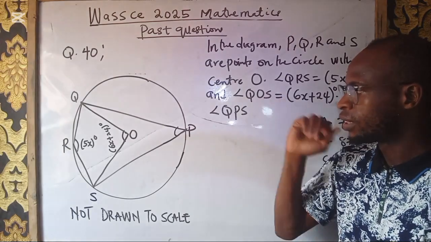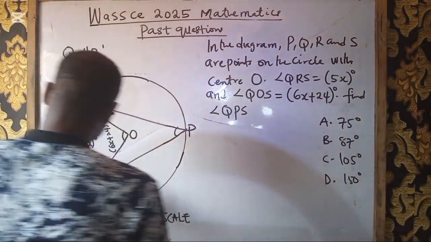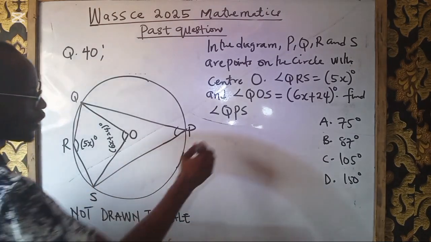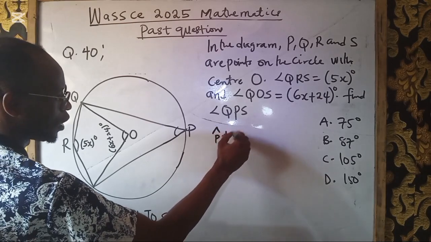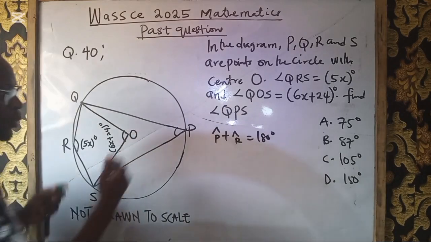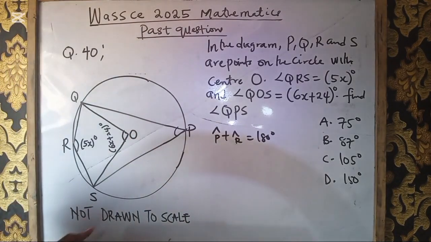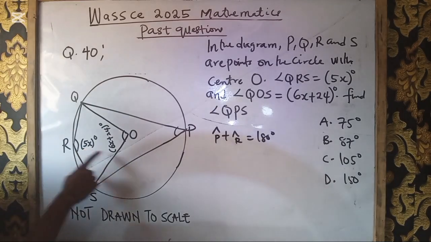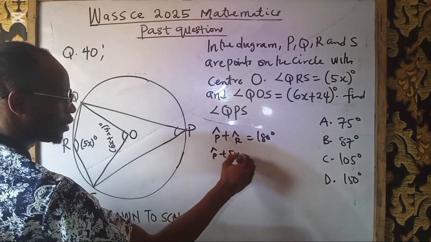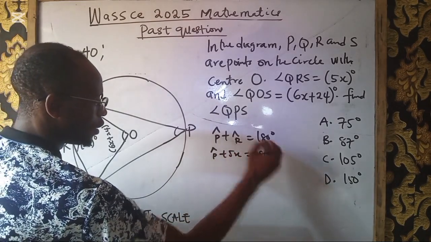Now, let's tackle that first. Angle R is opposite angle P. That means angle P plus angle R equals 180 degrees, because they are opposite angles of a cyclic quadrilateral, so they must be supplementary. We're given that angle R is 5x, so angle P plus 5x equals 180 degrees.